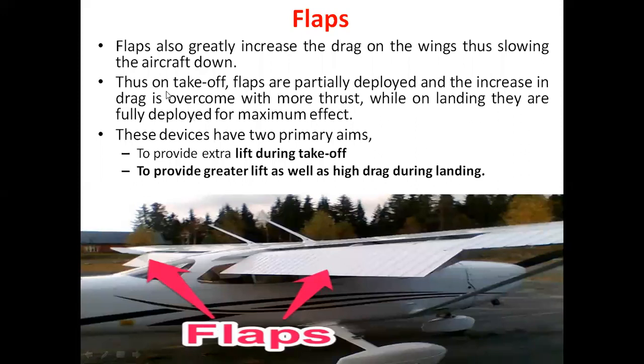But at the time of takeoff, flaps are partially deployed, which will increase the lift. Also, flap will give drag, but that drag is overcome by the thrust. While on landing, they are fully deployed for the maximum effect.